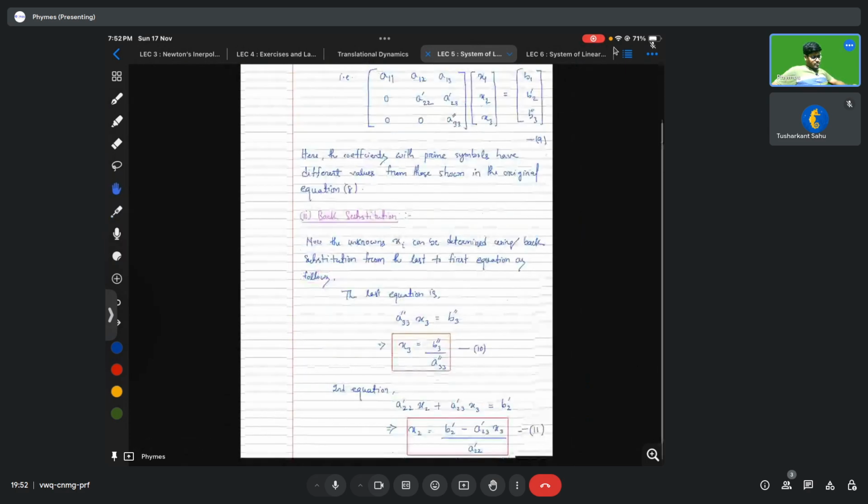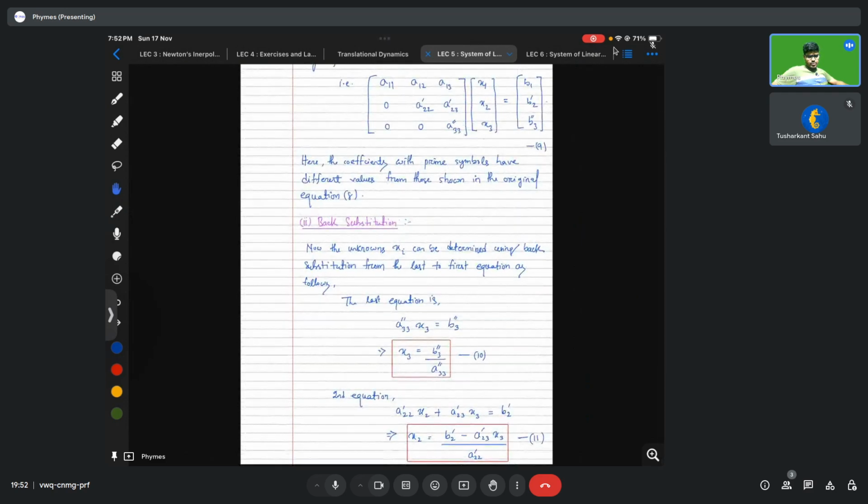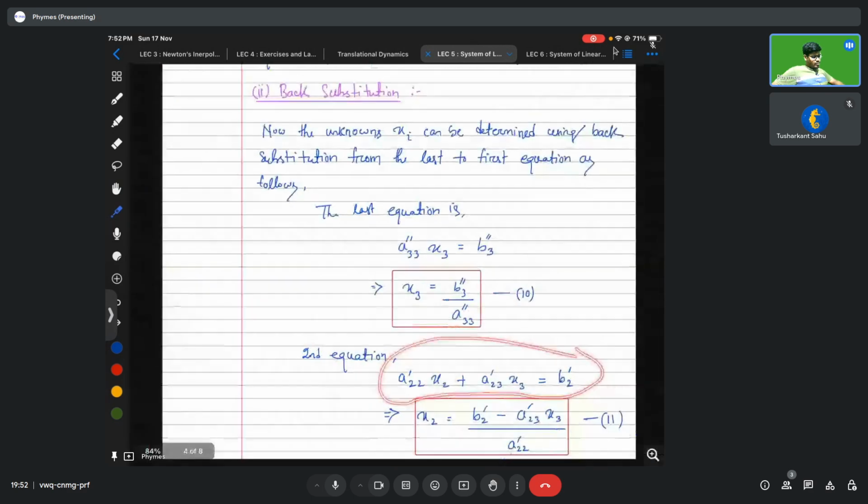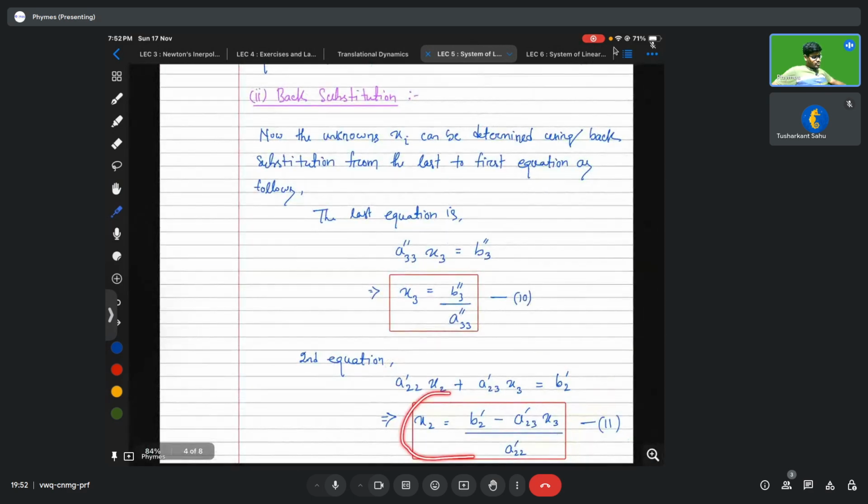And then from the second equation, what will be the second equation? The second equation will be a22 double dash x2 plus a23 dash x3 equals b2 dash. And from that you can find the value of x2. You know all the quantities, you know the value of x3 from here, and you know the other quantities, so from that you can find x2.